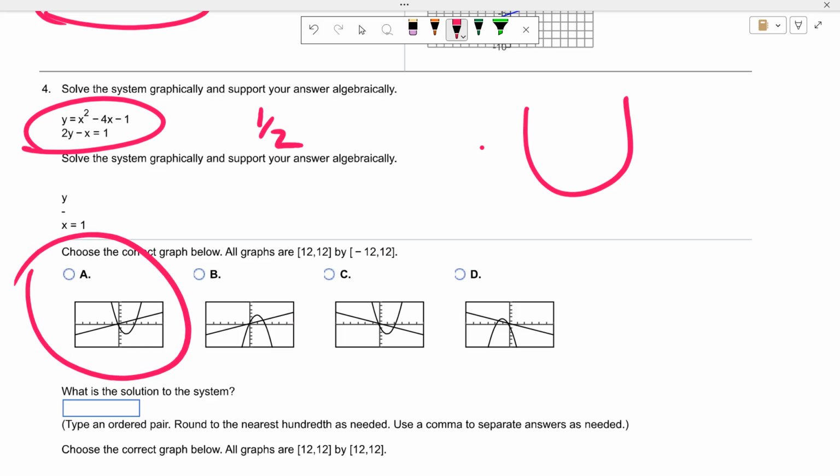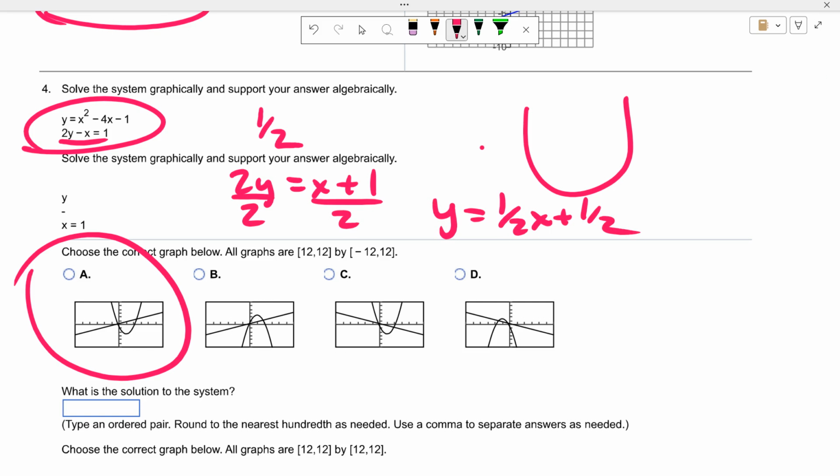Okay, so find the solutions to the system. No, because if you get y alone on this, 2y equals x plus 1 and divide by 2. Y equals 1/2 x plus 1/2. Okay, so the slope is 1/2, so it goes up from left to right. The other one goes like that.